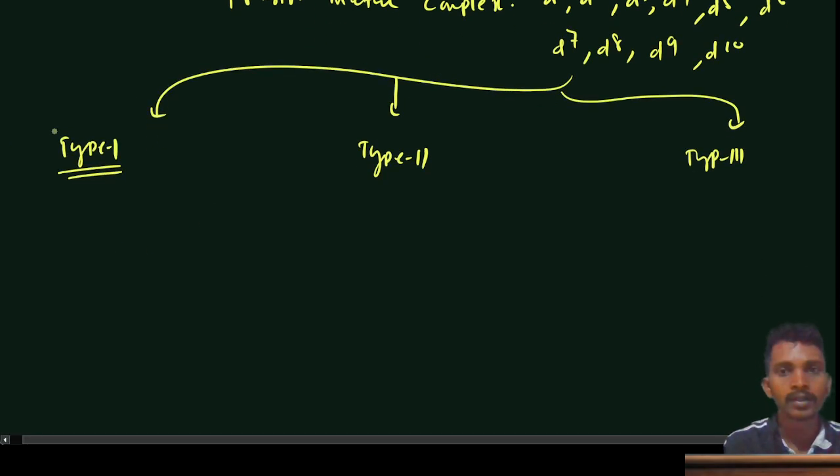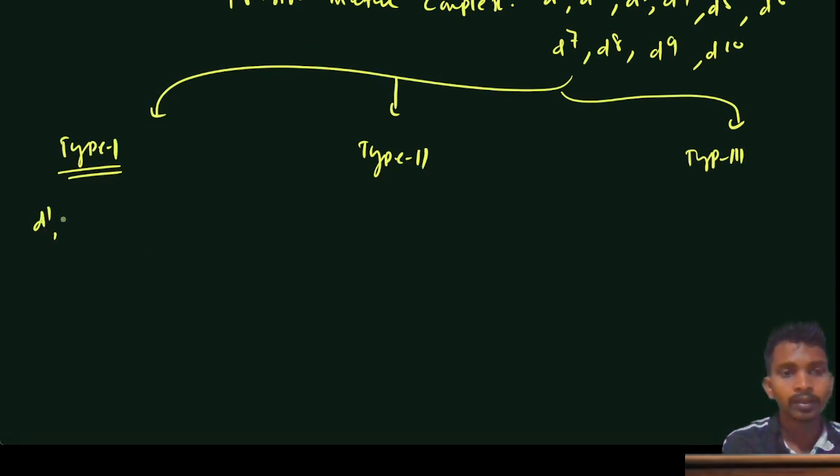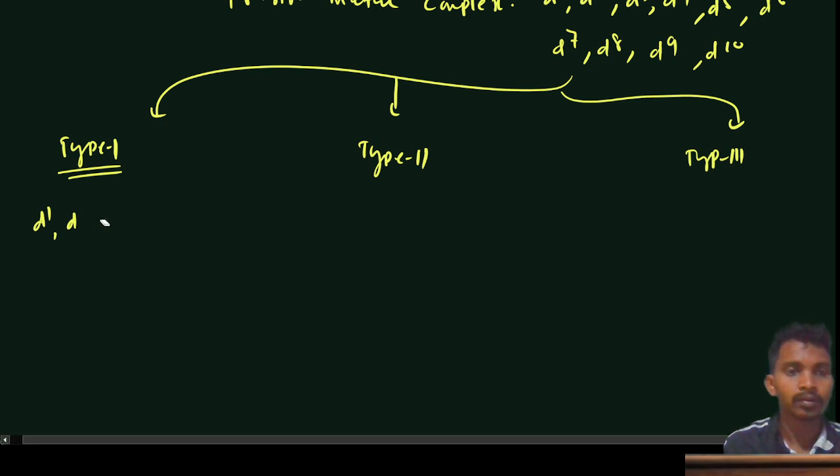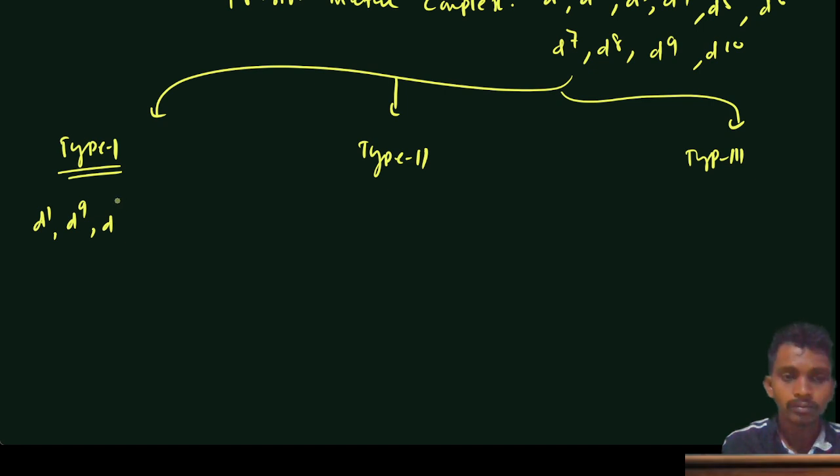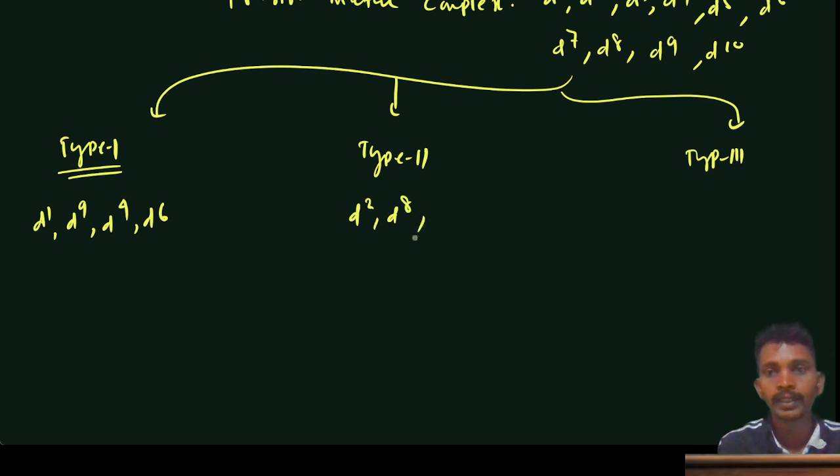In type 1 falls d1, d9, and d4 and d6. And for type 2, the remaining ones: d2, d8, d3 and d7.